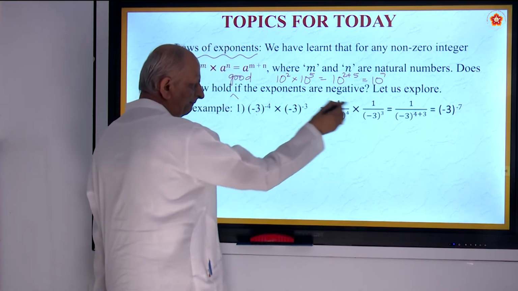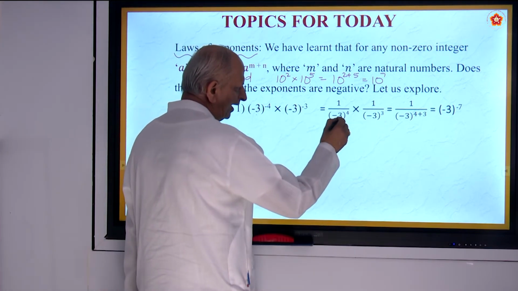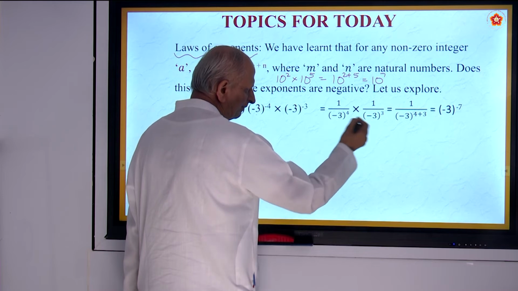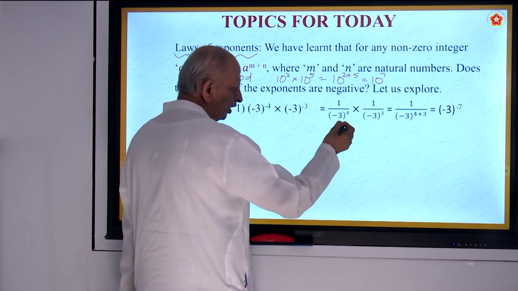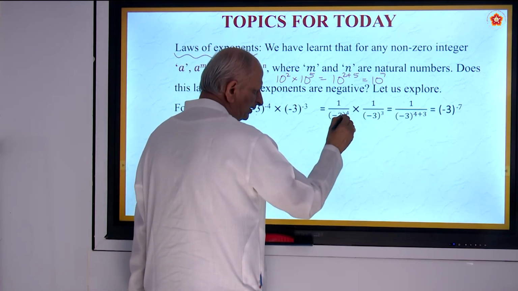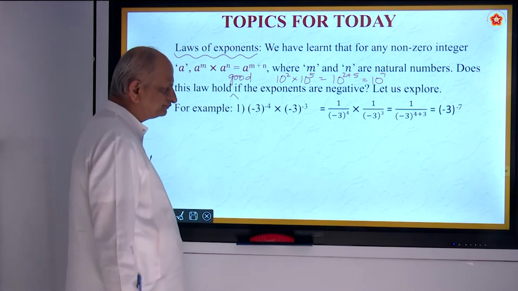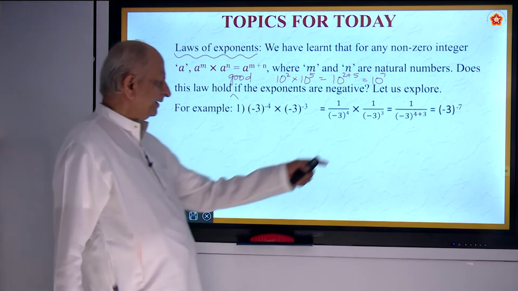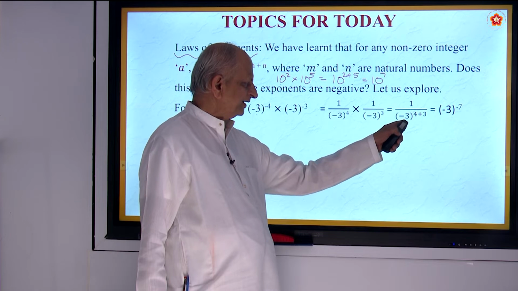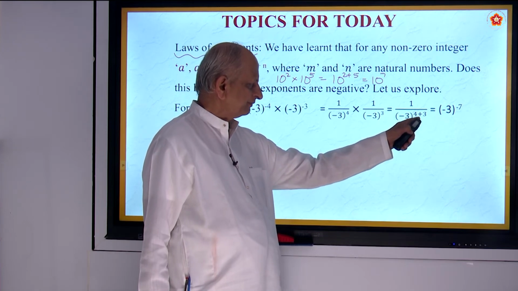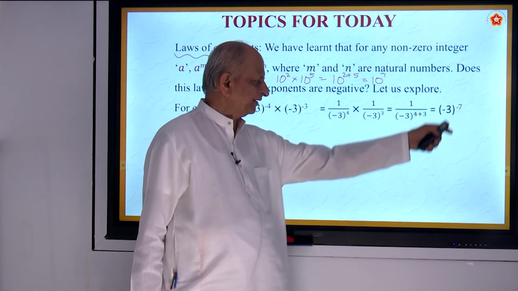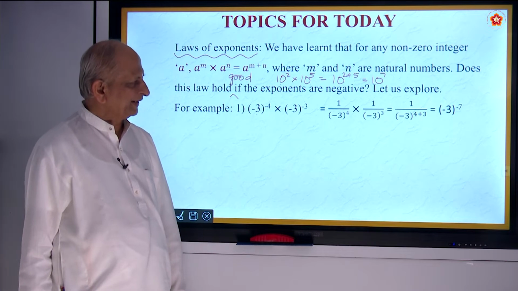Now, if you add these powers, because you are multiplying, minus 3 is the base, and the powers are 4 plus 3, that is 7. So, here 1 by minus 3 to the power of 7 is there.